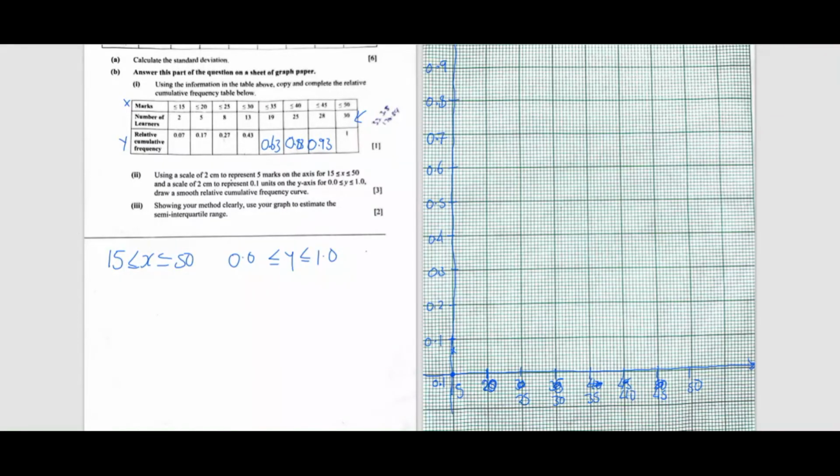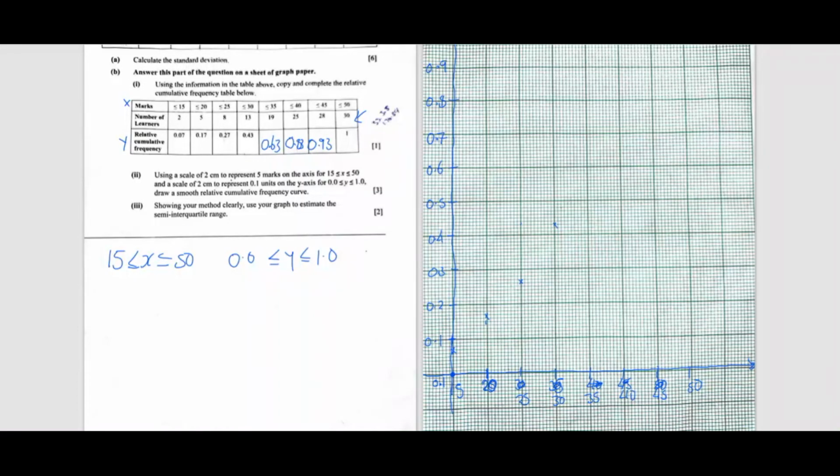Then the second one is 20, 0.17. So 20, 0.17 is here. Then we move on to 25, 0.27. So 0.2 is here, 0.07 is here. Then we go to 30, 0.43. So 0.43 is here.